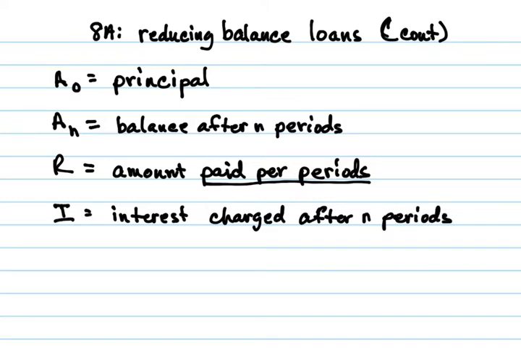So not over the life of the loan, like some of the ones that we looked at when you were just looking for simple interest, but the interest charged after n periods. We're also going to need lowercase i. Remember, that is simply the interest as a what? Isn't it interest plus 1? Well, not for i. Interest as a decimal.